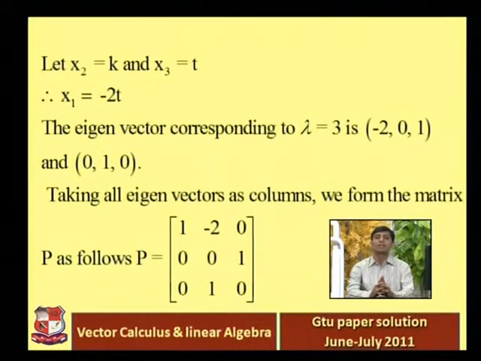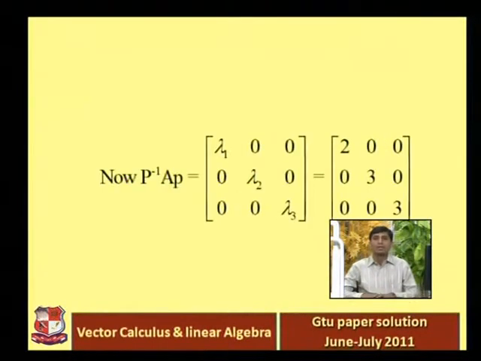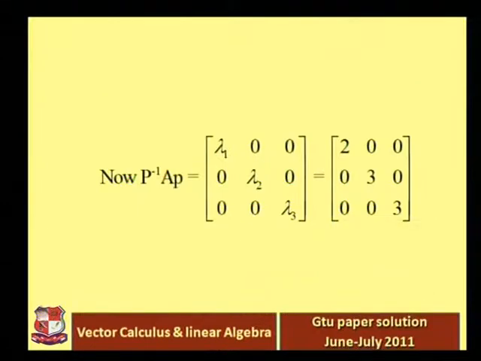The second and third columns are the eigenvectors corresponding to lambda is equal to 3. So in the main diagonal, the first entry is 2, second entry is 3 and the third entry is 3. And all other entries are 0 in P inverse AP. That is exactly lambda 1 0 0, 0 lambda 2 0 and 0 0 lambda 3. So that means 2 0 0, 0 3 0 and 0 0 3.